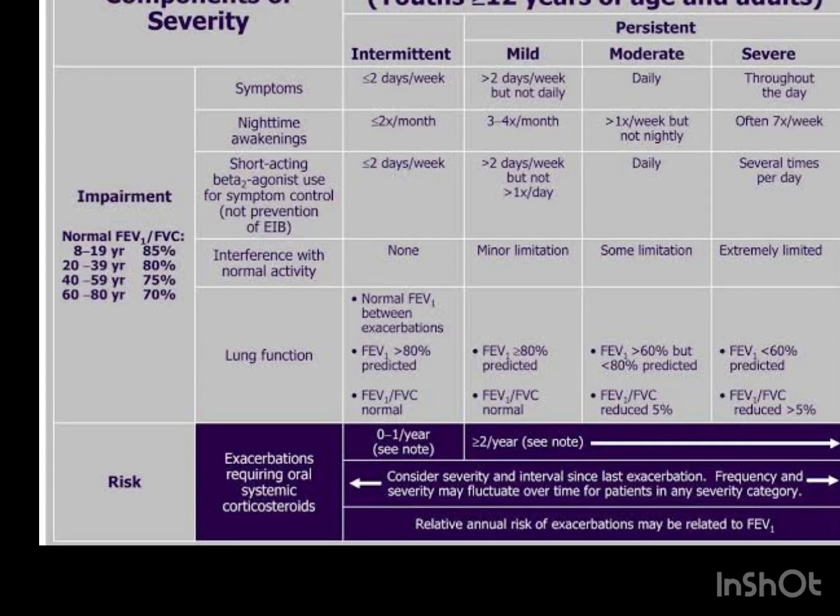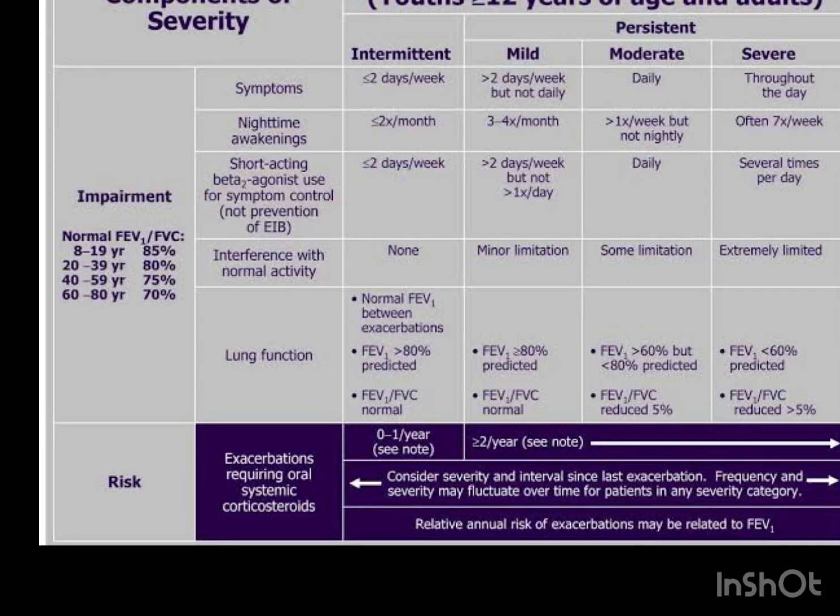In case of severe persistent asthma, throughout the day this person will be having symptoms, and in a day the person will be using beta 2 agonist several times per day.